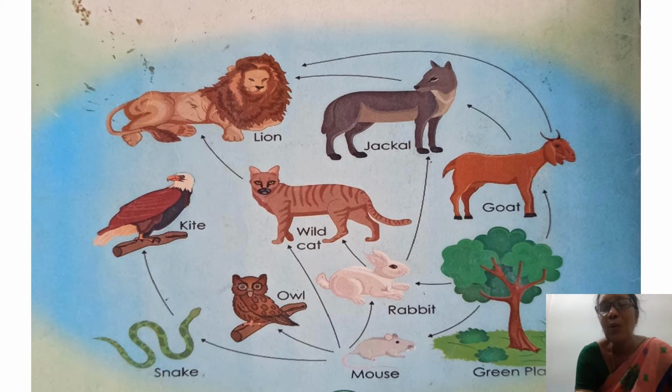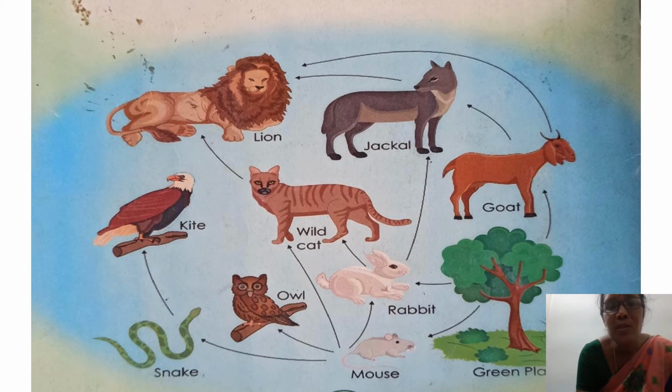And here, come down. The mouse is there. The mouse eats the plants, seeds, fruits, like that. Who is eating the mouse? Owl. Here, the food chain ends with the owl. And here, come here. Kite.